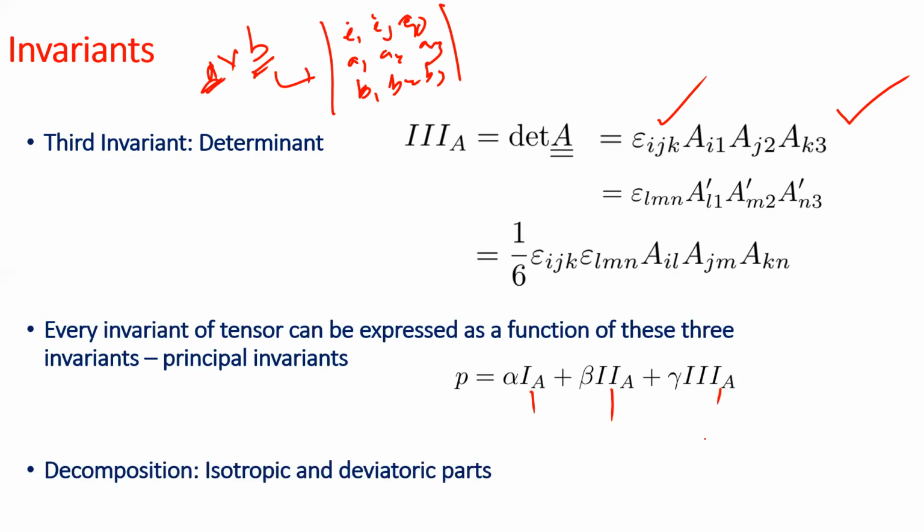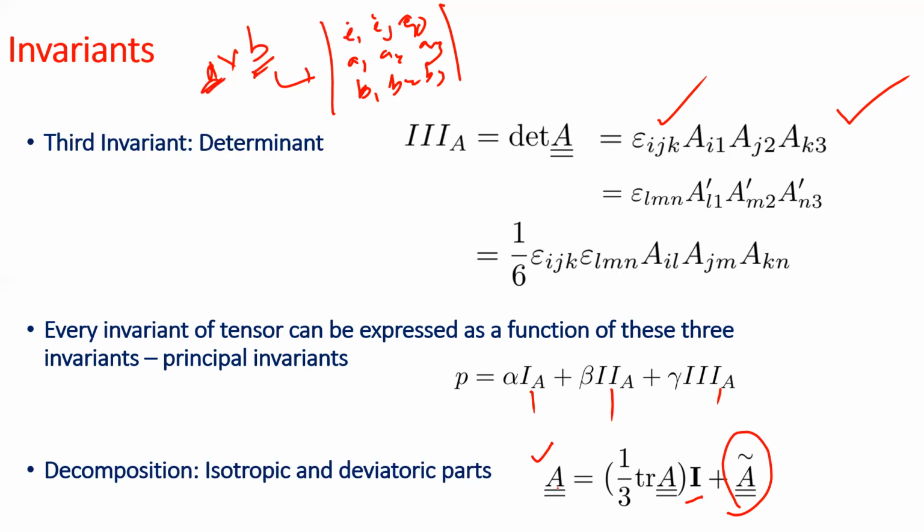The last one commonly used is the isotropic and deviatoric parts of a tensor. In the last lecture, and the previous ones too, we have seen how, given a tensor, we split it into a sum of a symmetric tensor and an antisymmetric tensor. Likewise, given a tensor, one can decompose it into isotropic and deviatoric parts. What is A tilde? A tilde is nothing but: take the tensor, identify its trace, multiply by the identity matrix divided by 3, and subtract it from the original matrix.